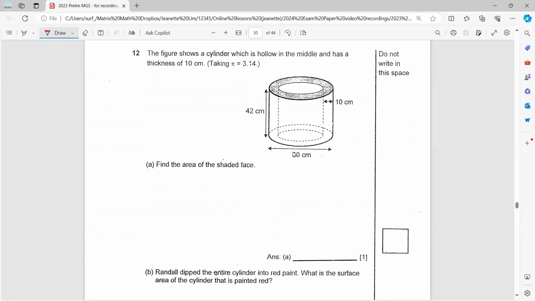Okay, so radius of big circle is 30. So pi, which is 3.14, times 30 times 30. 2826. Next, the radius. Okay, so this is the radius of the big one. Then the radius of the small one is here.